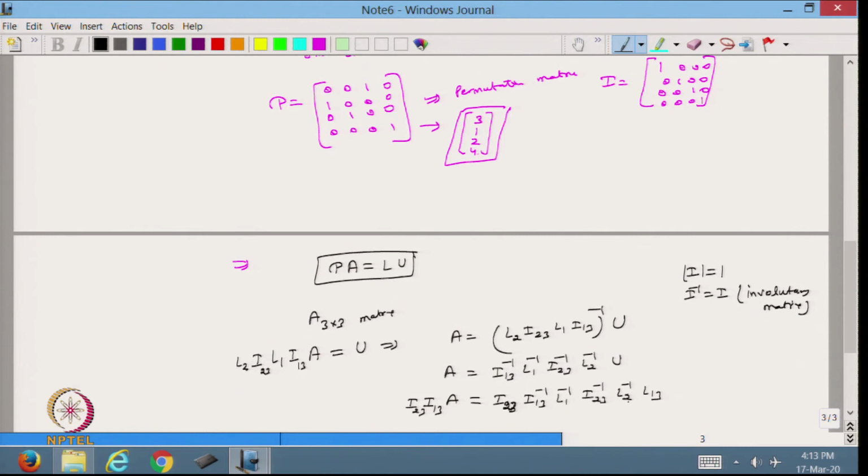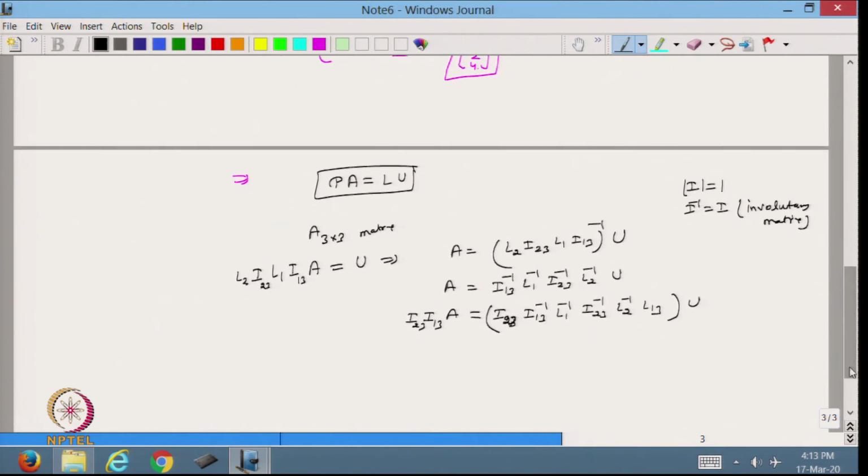So, I am getting U. Now, from here this is my I. So, that will become my PA, and if you open this one, just do the calculation, then it will give you PA is equal to LU.